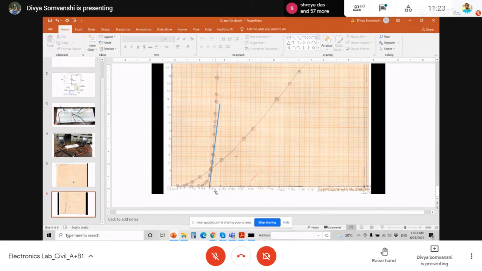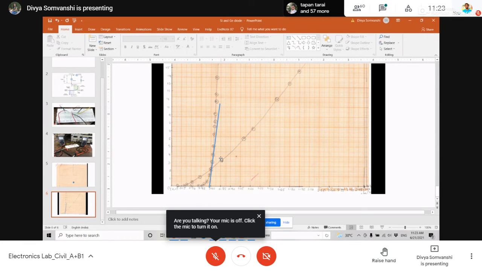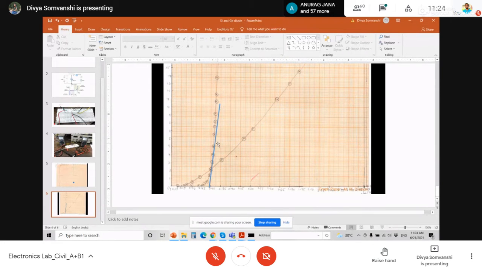The standard cut-in voltage is 0.7, but you normally get a very close value, not the exact value, because the diode is old and there is also temperature dependence, because as time goes they lose their characteristics. Okay, so this is for silicon.